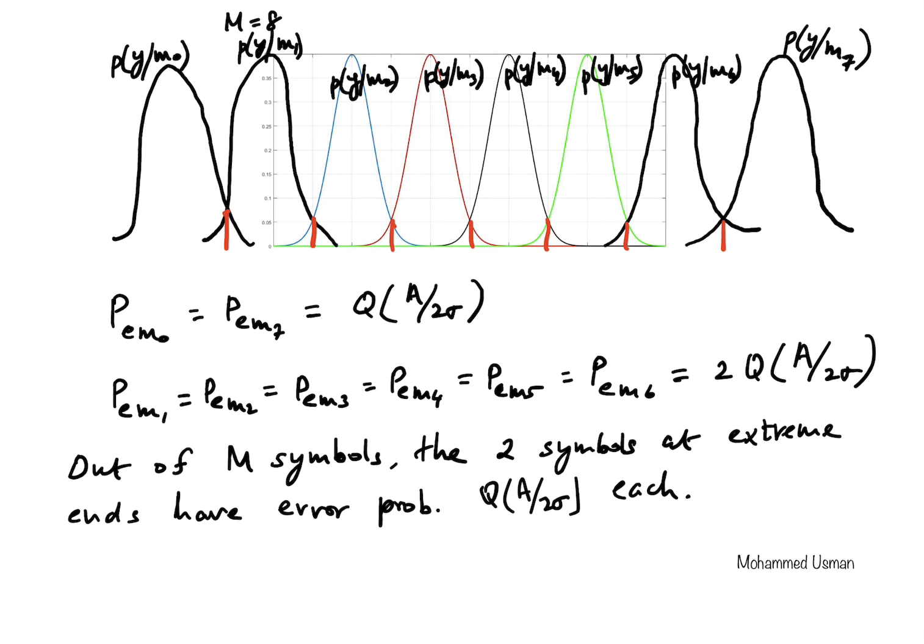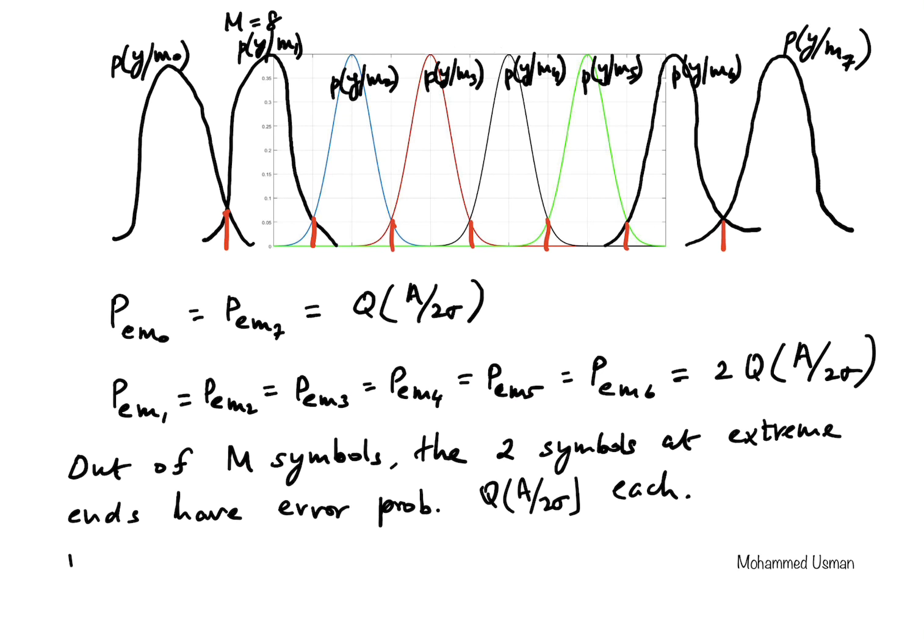Okay, so there are a total of M symbols. Out of the M, the two symbols at the ends have error probability of Q of a by 2 sigma. The remaining symbols in the middle number M minus 2, in this case 8 minus 2, which is 6. In general, it's going to be M minus 2.